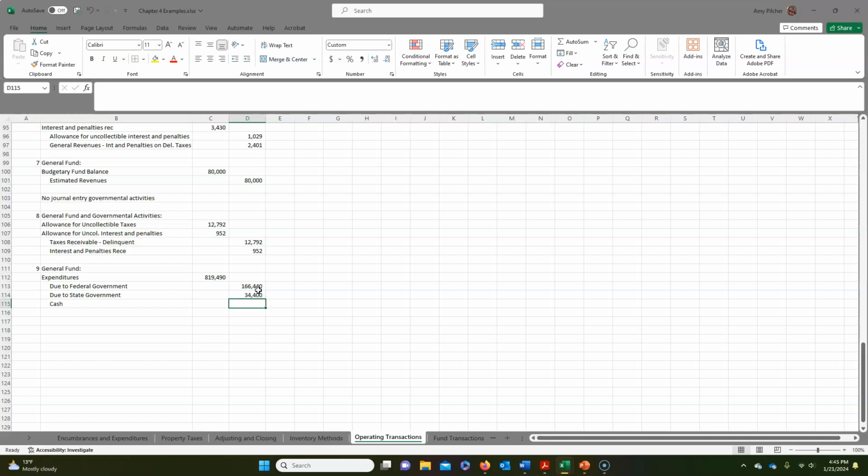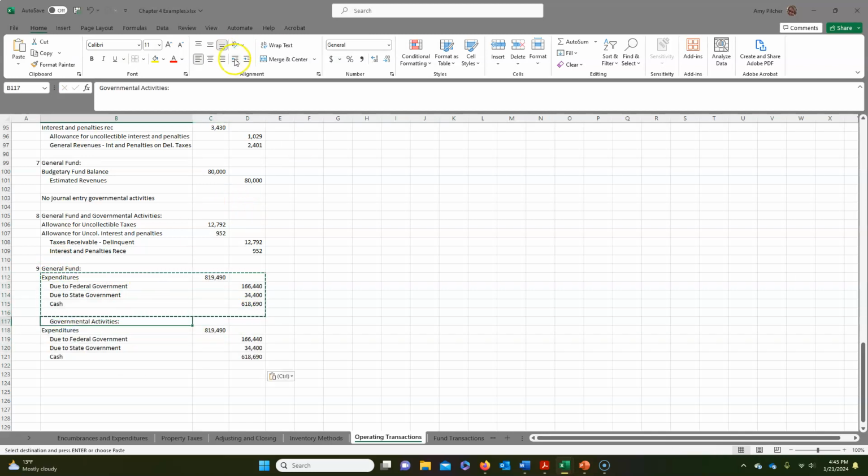So the cash is whatever makes the journal entry balance. Okay. And then in the governmental activities, it's the same exact entry, except we use the word expenses instead of expenditures.